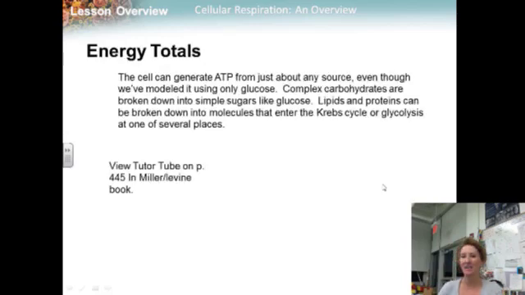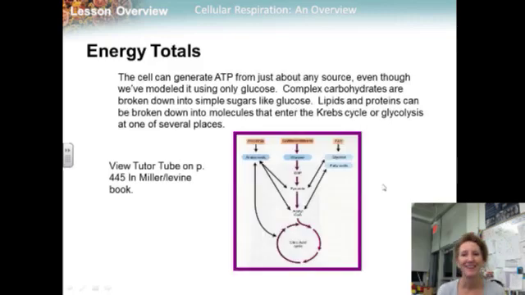All right? So the cell can generate ATP from just about any source, even though we modeled it using only glucose. Complex carbohydrates are broken into simple sugars like glucose. Lipids, which are fats, and proteins can be broken down into molecules that enter the Krebs cycle at one of several places.